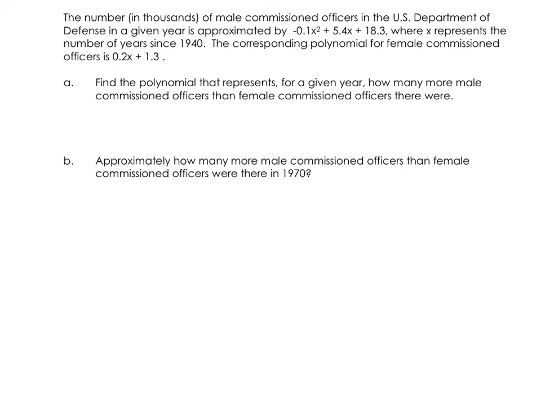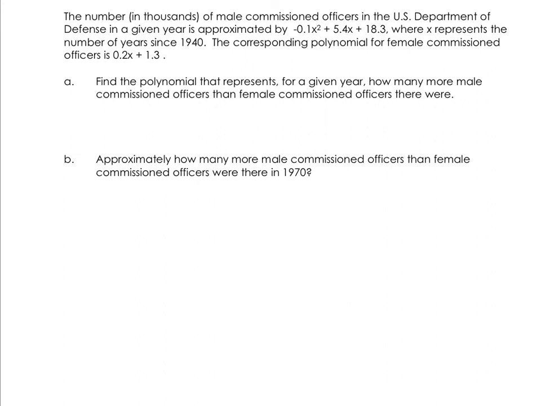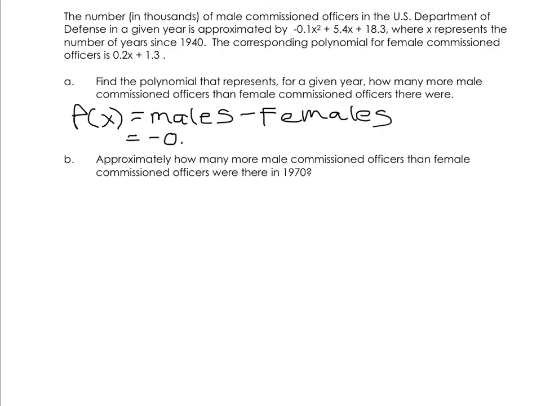So the polynomial we're interested in, let's call it P of x, is going to be the males minus the females. So it's going to be negative 0.1x^2 plus 5.4x plus 18.3 minus the females, which can be found with the polynomial 0.2x plus 1.3.